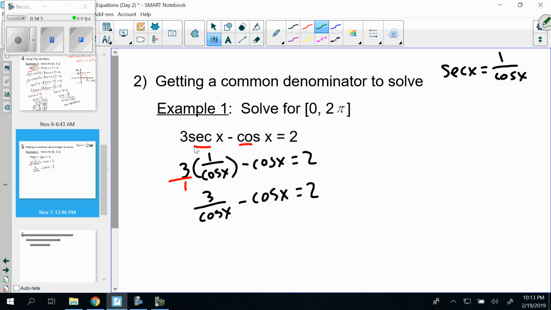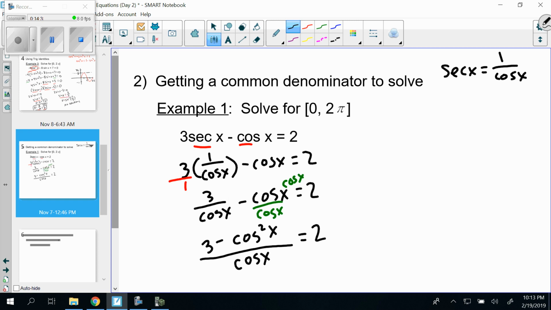So we're going to multiply this one to get cosine x on the bottom, but that means we also have to multiply by cosine x on the top. So now we've got 3 minus cosine x times cosine x, which is going to be cosine squared x. And our common denominator now is cosine x.